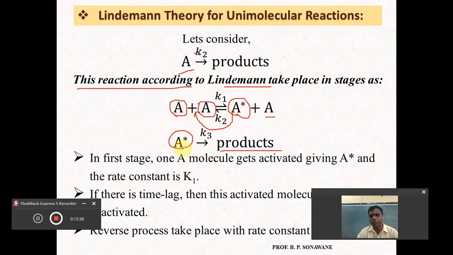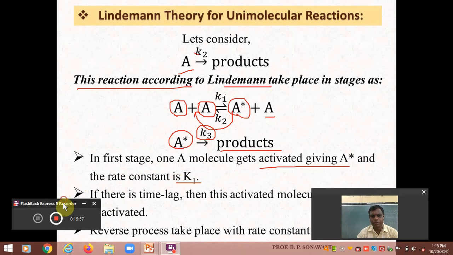Some amount of the activated molecule gets converted into product with K3, which is called the rate of decomposition. So in the first stage, reactant molecule A gets activated into A star, and the rate constant is indicated by K1.